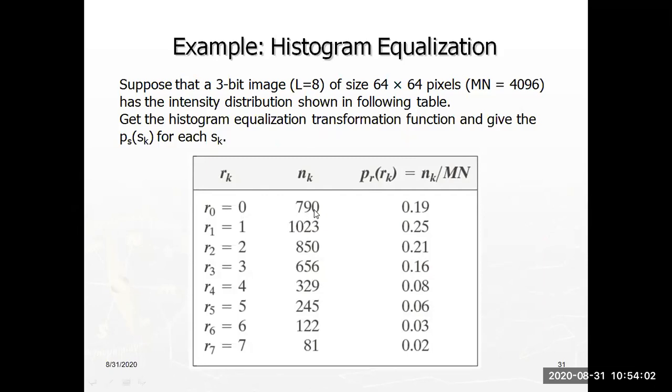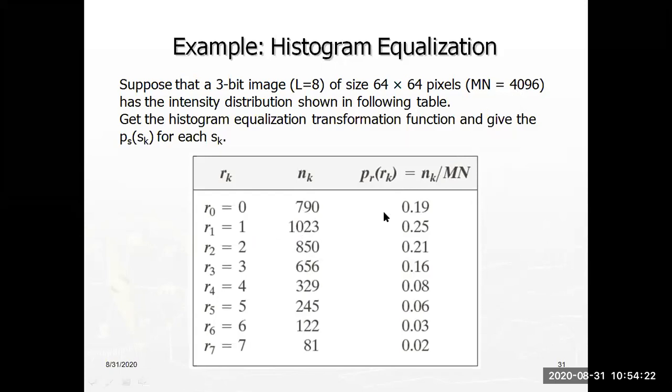Out of these 4096 pixels, 790 have intensity r_0, 1023 have intensity r_1, and 850 have r_2. If you total all these pixel counts, you get 4096.